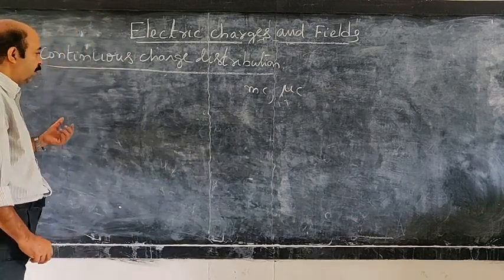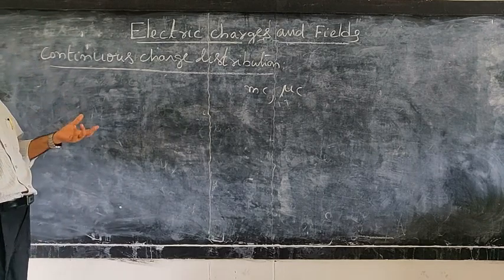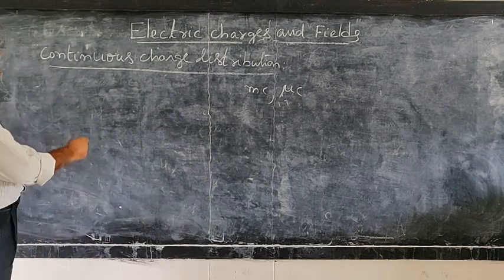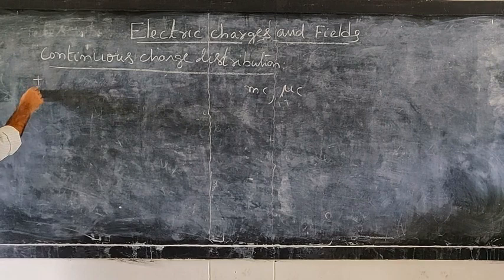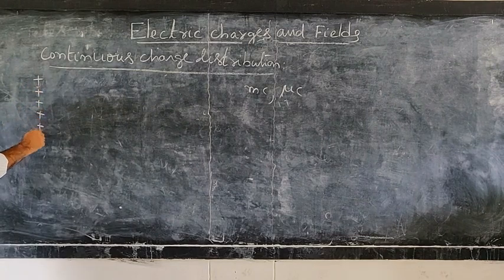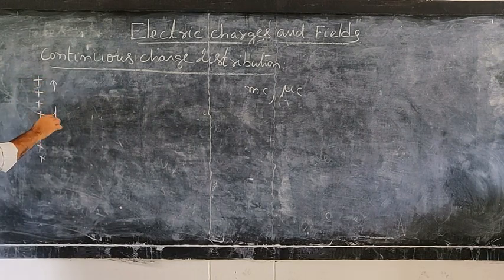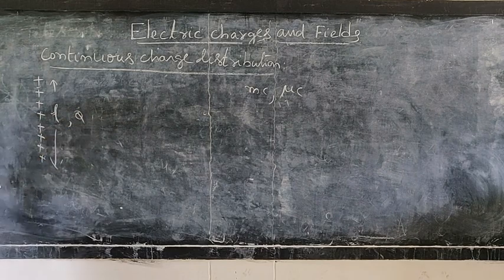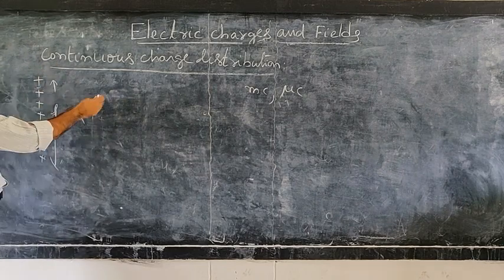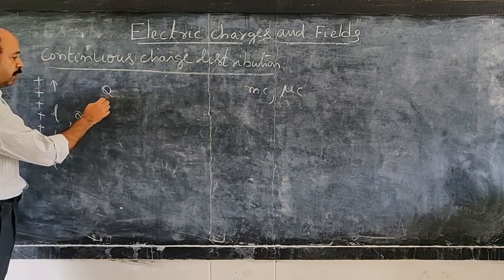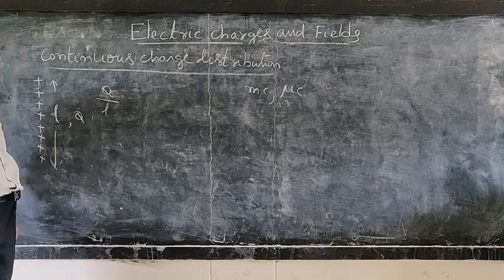Now, here we discuss three types of charge distribution. Suppose you have a line of charge of some length L, and it is having a charge Q. Then we define a quantity, total charge by total length.